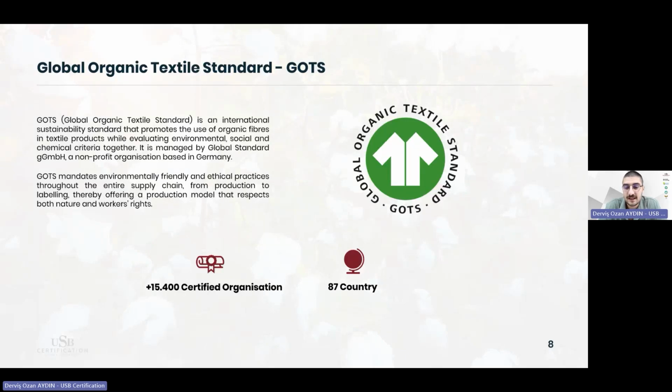This standard is managed by Global Standard, a non-profit organization based in Germany. In general, GOTS mandates environmentally friendly and ethical practices all over the supply chain, from production to labeling, thereby offering a production model that respects both nature and workers' rights.